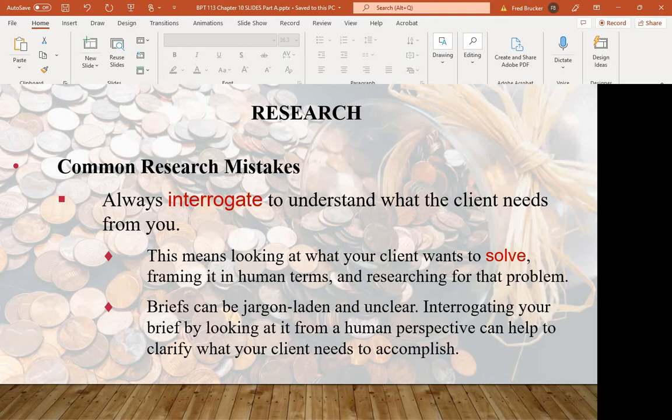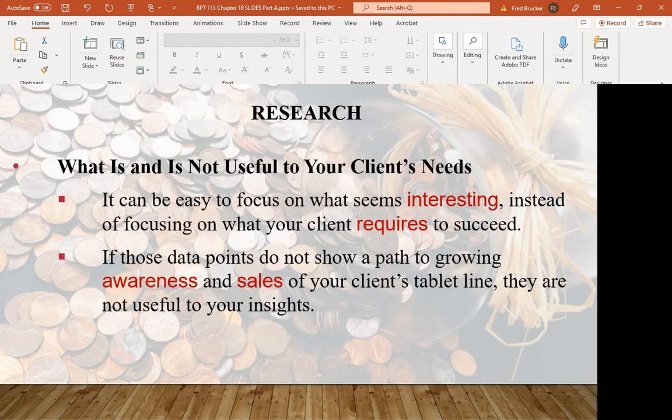You're trying to look at things from a human perspective, so that it's not just filled with a bunch of terminology and the information isn't nebulous. You want it to be focused, with the intent of clarifying what your client needs to accomplish. So you're not trying to hide anything. You're not trying to mask anything with the numbers and data. You're trying to make things clear.